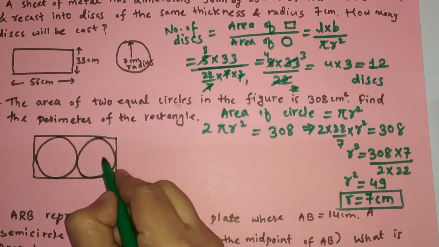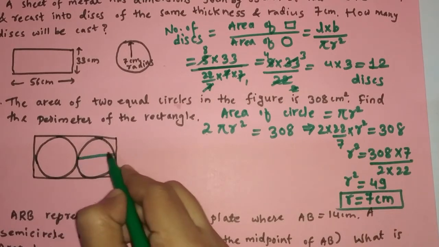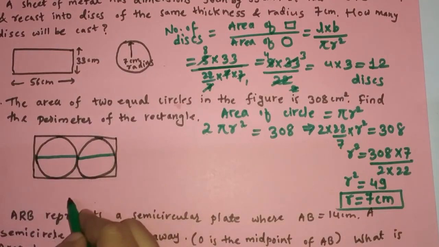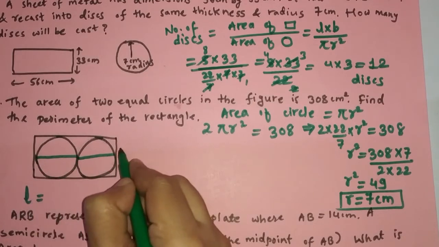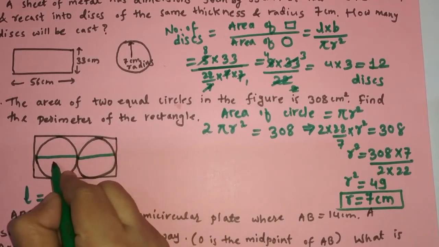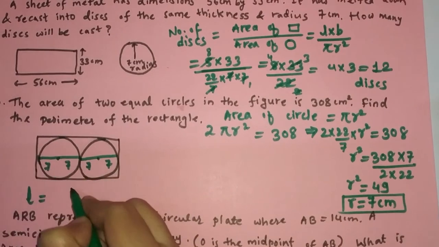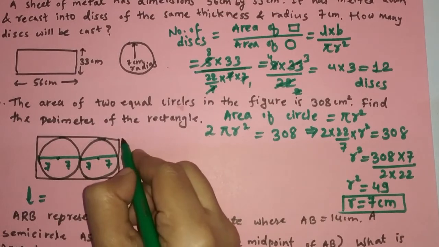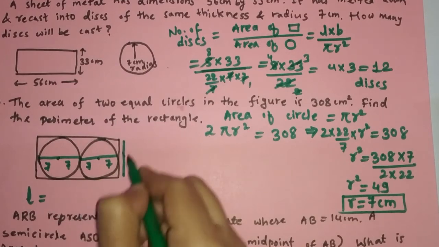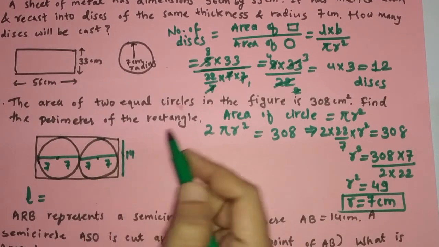So friends, this is the diameter and this is going to be the length here. And if you see, this is 7 plus 7, this is 7, this is 7, 7 and 7. And the breadth is also going to be twice of r, which is 14.